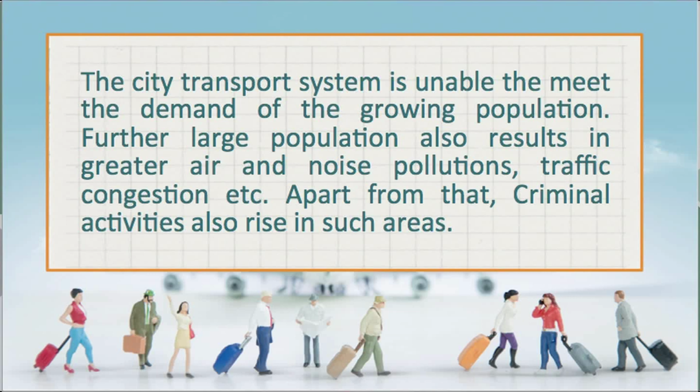Further, a large population also results in greater environmental problems like air and noise pollution, traffic congestion, etc. Apart from these, criminal activities also tend to rise in areas where there is large-scale migration.